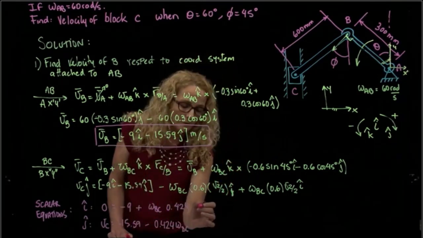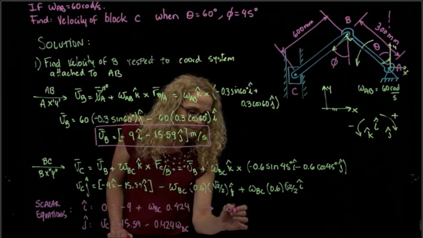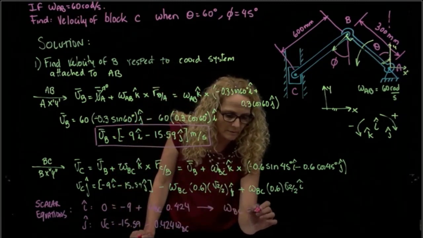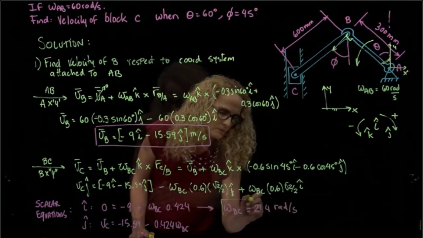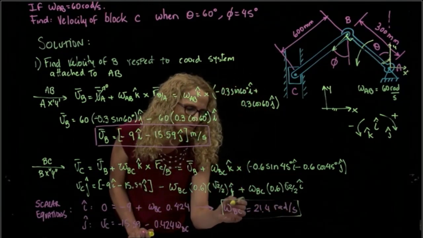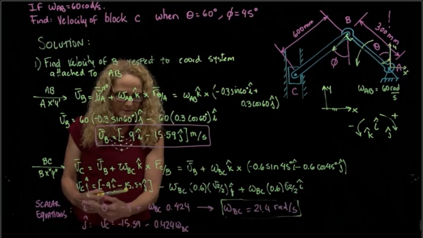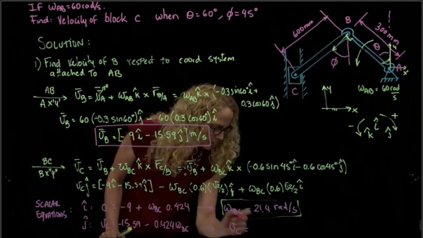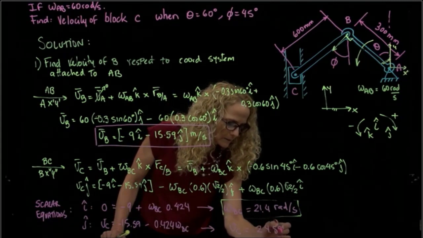From the very first equation, I can get the value for the angular velocity of BC, which is 21.4 radians per second. And then I get the value for the velocity of C from the second equation, negative 24.59 meters per second.